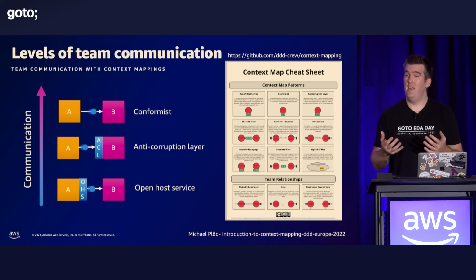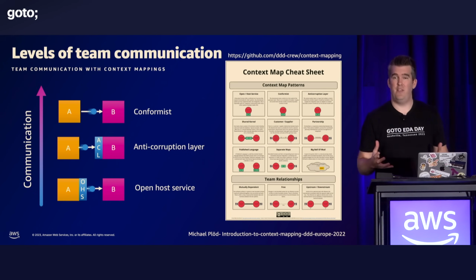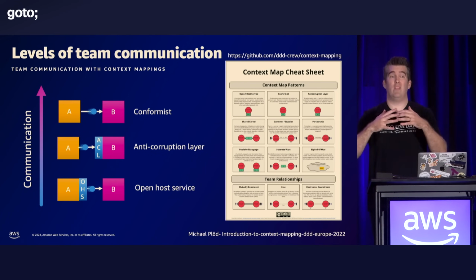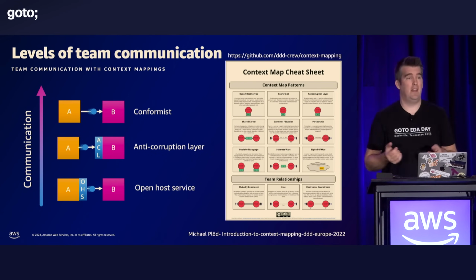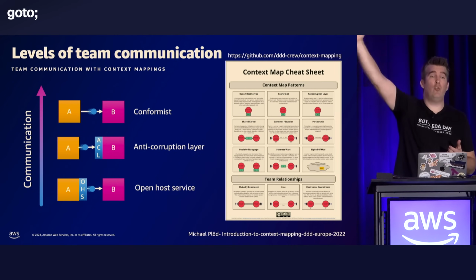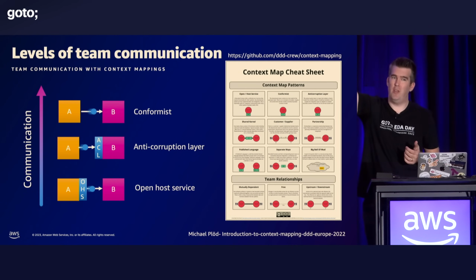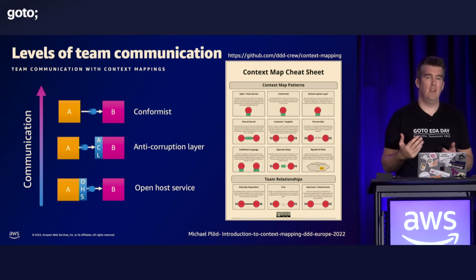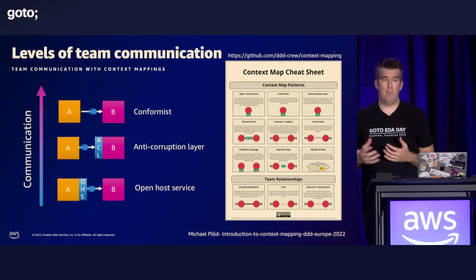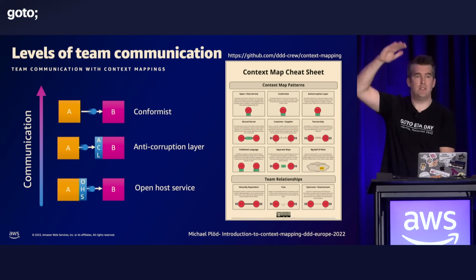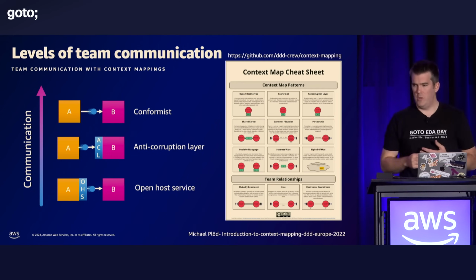But as time goes on, because we have that public interface, this public language, the communication isn't needed as much as with some of the others. The opposite would be the conformist, which requires a lot of communication. If you start breaking schemas, removing properties or adding properties, how are people going to discover this? Are you going to break people in production or low environments? So the level of communication differs based on which one you choose.